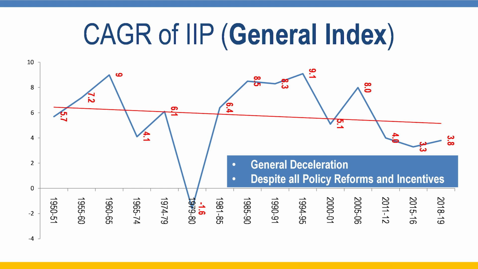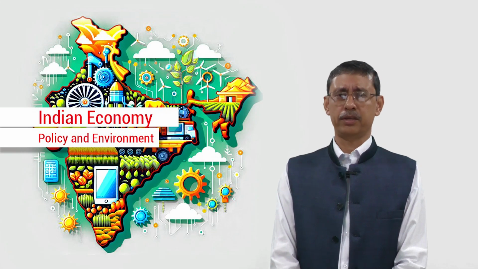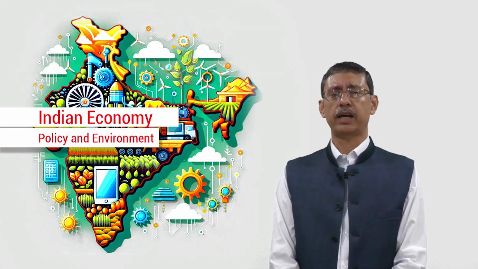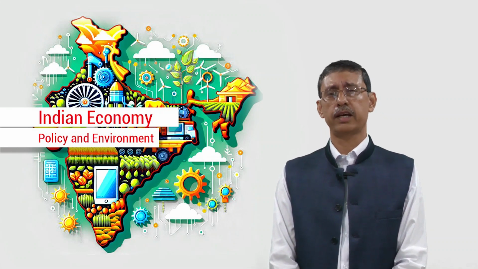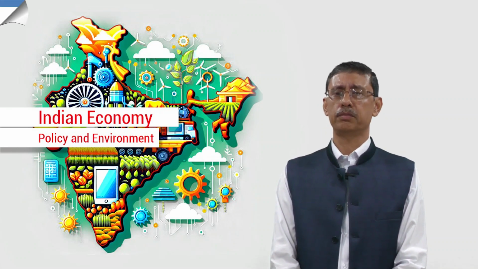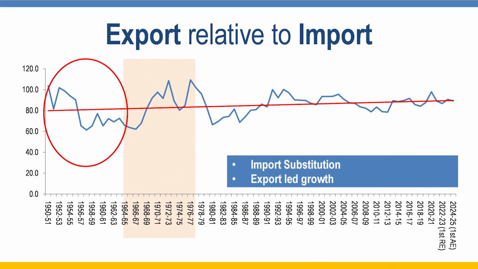Then why is it that industrial production, or the industrial sector in general, is not accelerating as it should have been? That's the question that we need to answer. The other point identified during my discussion of the background was that you started with a policy of import substitution so that you can curtail your import and increase your export.